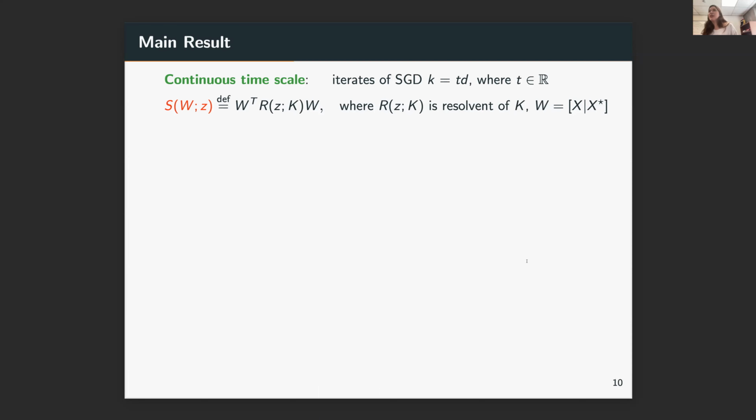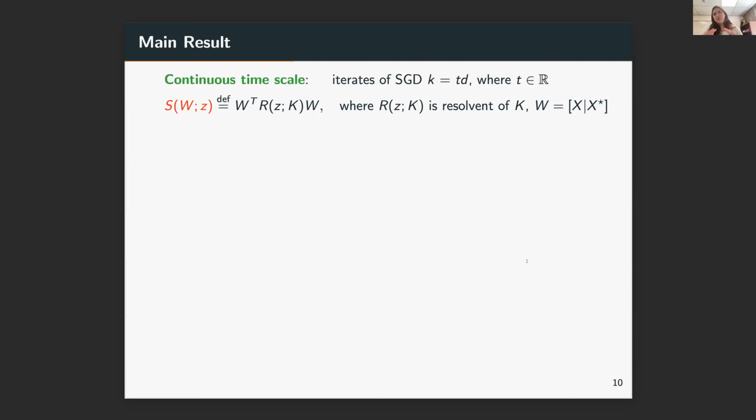You need to do D iterations of SGD to get the same thing as a full step of gradient descent. So here I'm going to set my iterates of SGD, K, to be equal to T times D. I'm going to convert everything into a continuous time dynamics through this parameter T. Another way of thinking of it is T is equal to K over D.